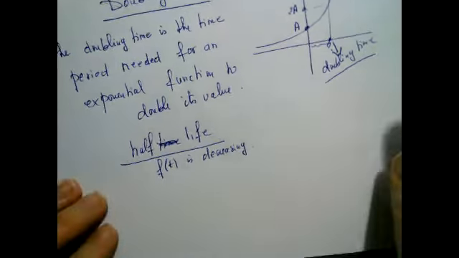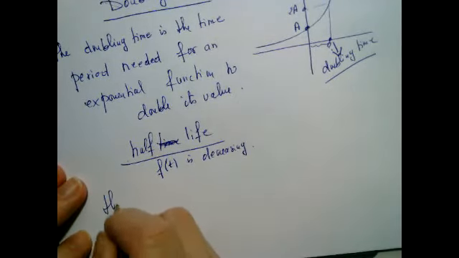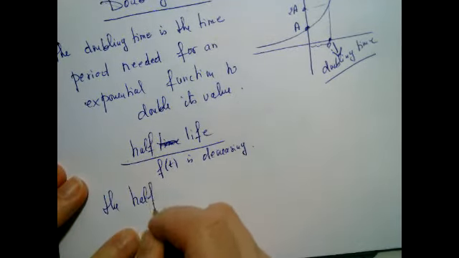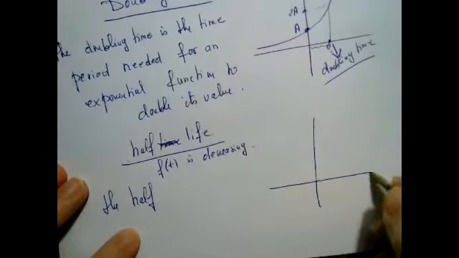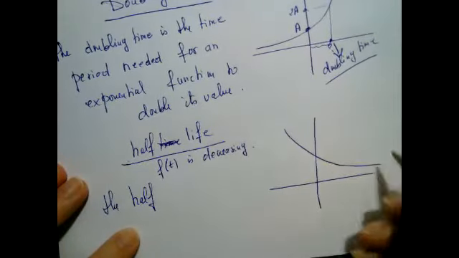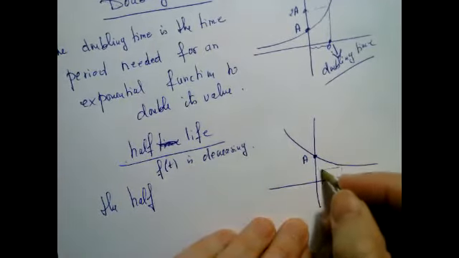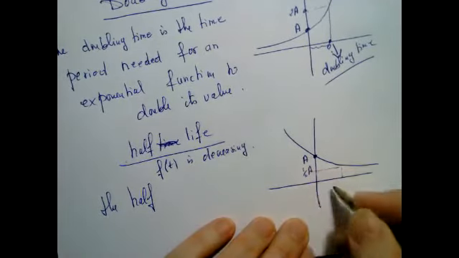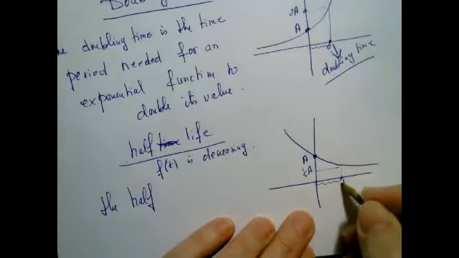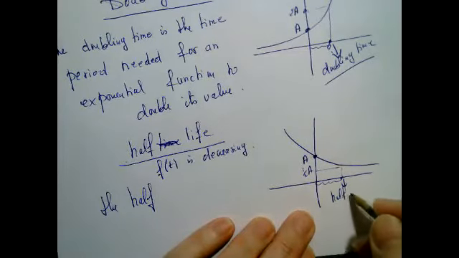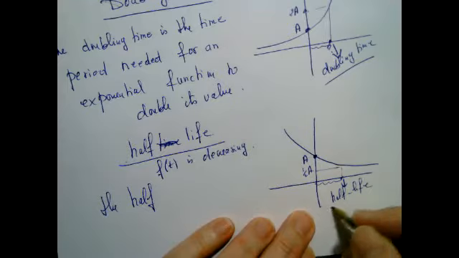So if the function is decreasing, then the half-life, so that's my function, is decreasing. This is my A. And at some point, it's half A. And this is the half-life. And that's what we did a minute ago. We found the half-life.